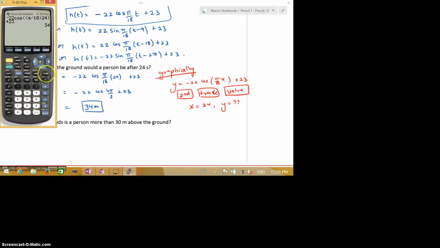First things first, you want to make sure you're in radian mode. Window settings: you'll notice that in the original graph, we went from 0 all the way until 72. We're doing a scale factor of 9, going up by 9 each time for X values. Y values, we went from 0 all the way up until 45, so I'll pick 50, and going up by, say, 10s.